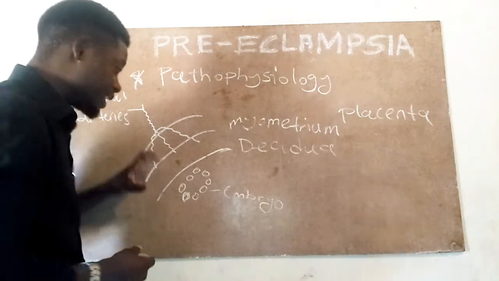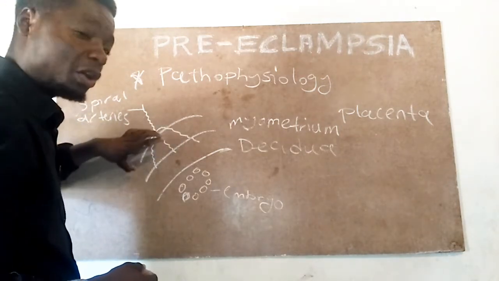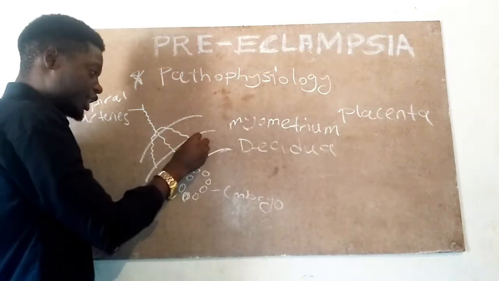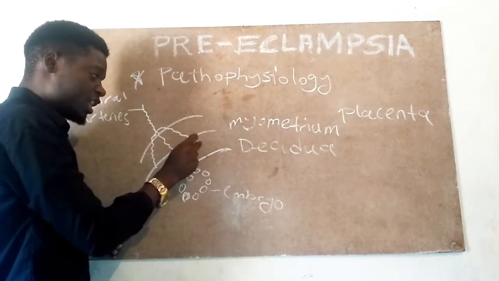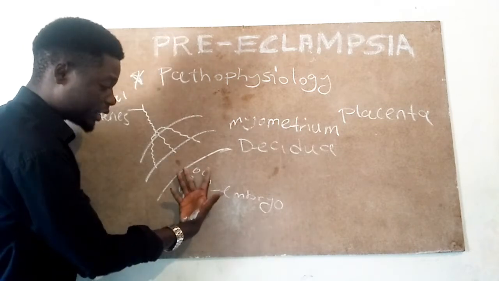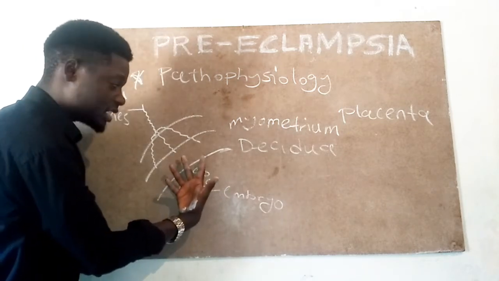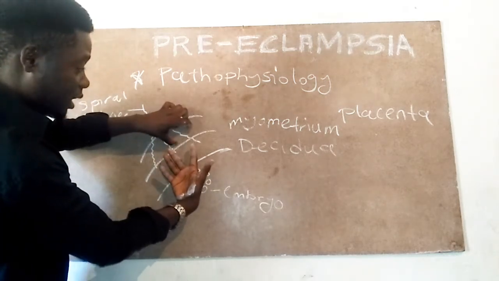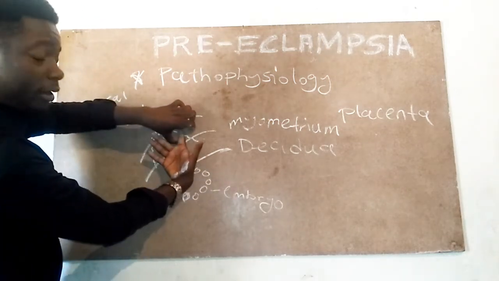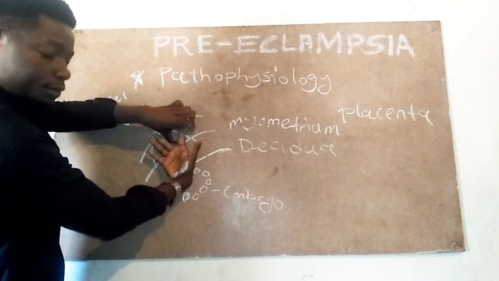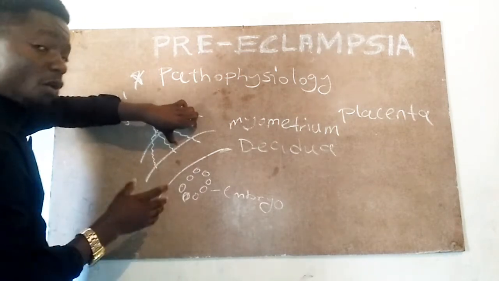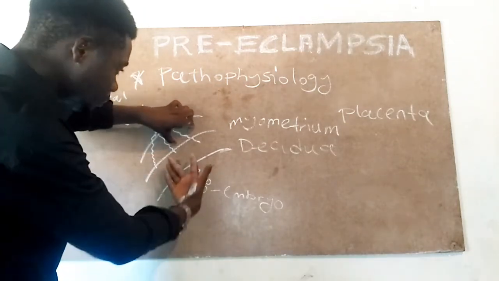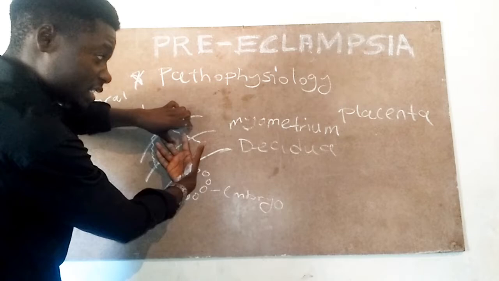Under normal circumstances, the spiral arteries have to remodel themselves. They are supposed to dilate and change their shape. So this is a spiral artery, and when the trophoblastic cells are coming, it is supposed to dilate so that these cells can go inside and gain access to blood, so that the fetus can be supplied with all the nutrients and oxygen that it needs in order to grow. That is under normal pregnancy.